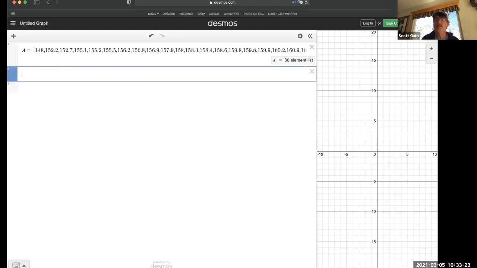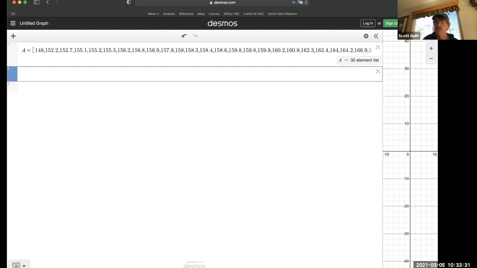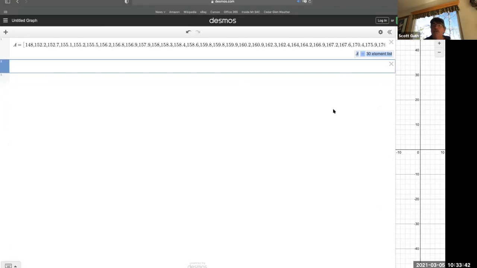And when you hit enter, you should see that it's a 30 element list that doesn't all fit on the screen. I don't know if I can make mine bigger. I'm trying to make this a little bigger. I'll go wider that way. What if we did that? Still can't see, I made it as wide as I can and I still can't see the whole list.